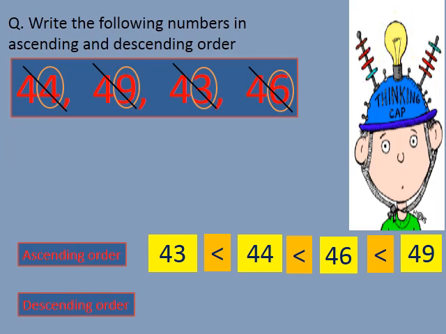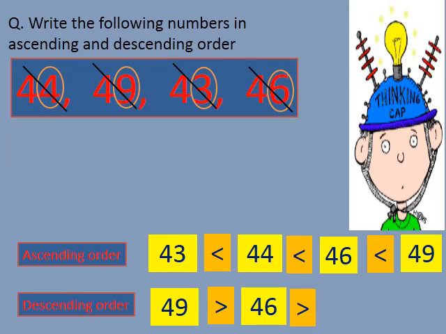Yes, you're right. 9 is the biggest number in the units place. So our first number in descending order will be 49. 49 is greater than 46, the next number. 46 is greater than 44 and 44 is greater than 43.